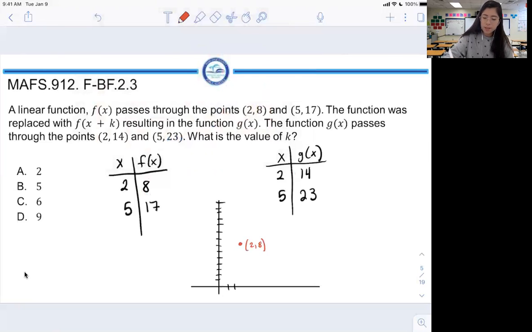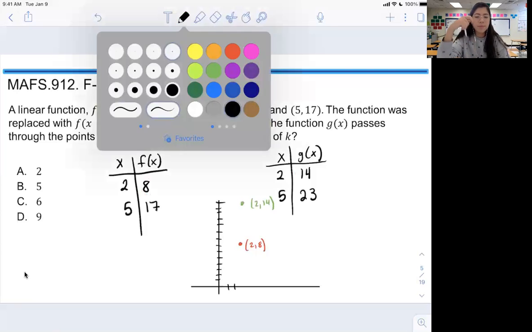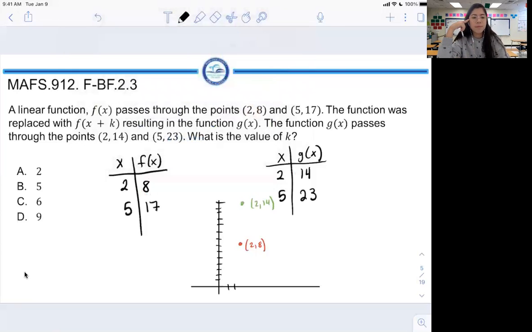That's f of x, but then g of x is 2 comma 14, so that's here. So to go from red to green, what happens? They went up 6. Up 6, exactly.